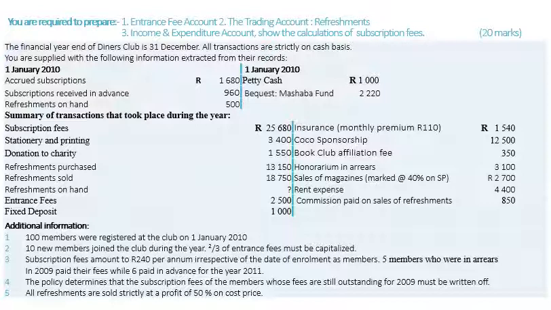At the beginning of the financial period, January 2010, there are accrued subscriptions, 1,680, subscription received in advance, 960, refreshments on hand, 500, petty cash, 1,000, bequest Mashaba Fund, 2,220. Then a summary of transactions that took place during the year.